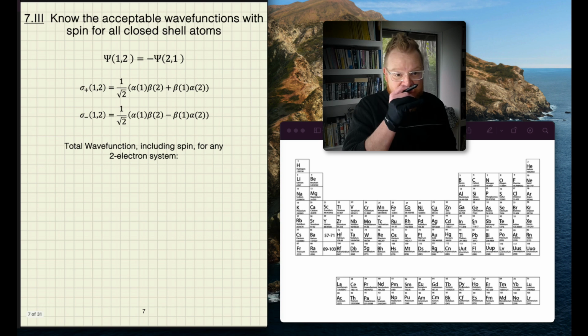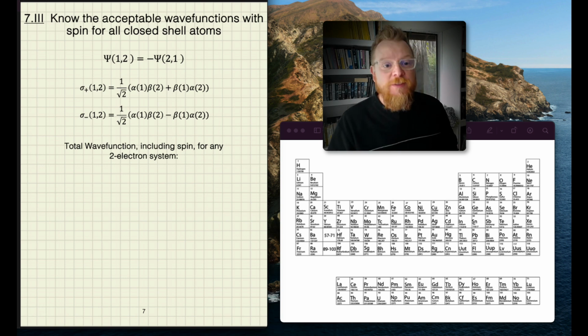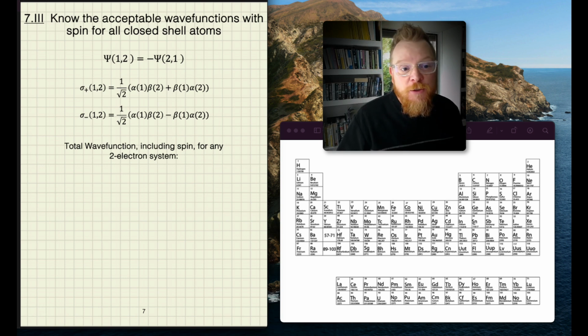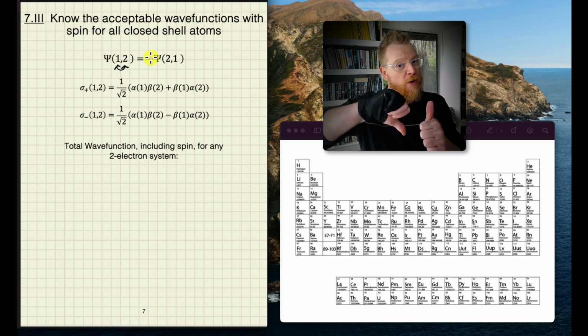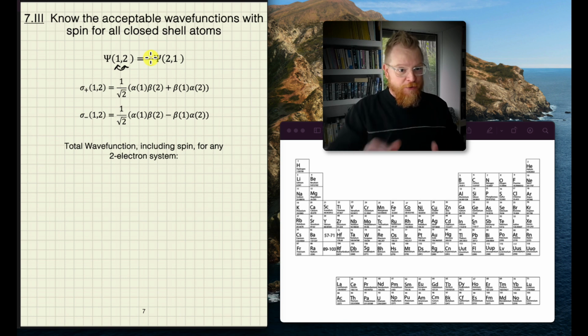So, revisiting the Pauli principle and the Pauli exclusion principle, we recognize that when we change the labels of any two identical electrons, the wave function must change sign if those two electrons are spin paired.